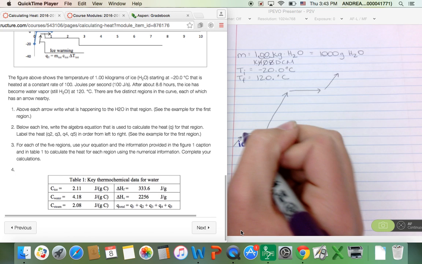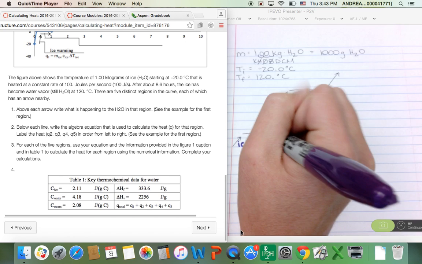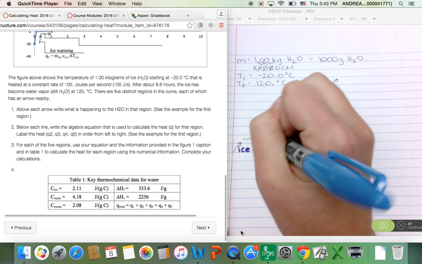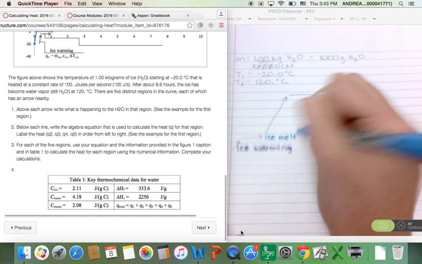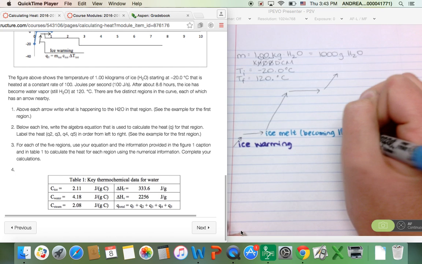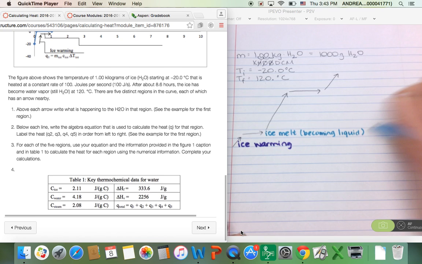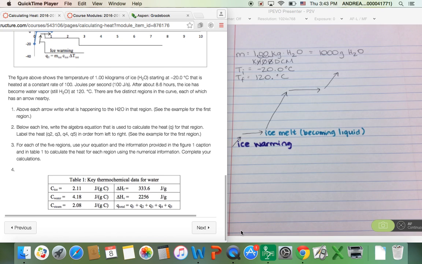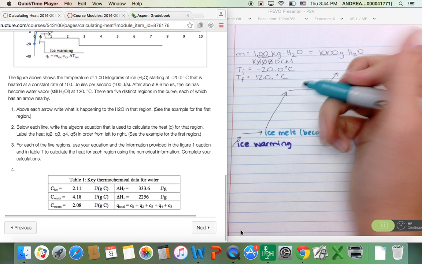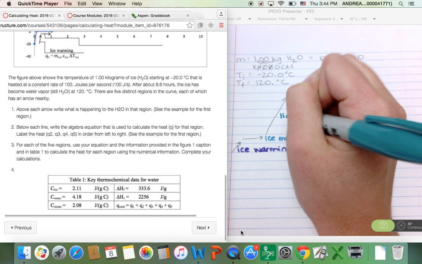At this second stage, we're going to have ice melting, which means becoming liquid. When I change a state, I don't change temperature. That energy is used to separate those molecules. At my third stage, this one takes longer to do, the liquid is warming.